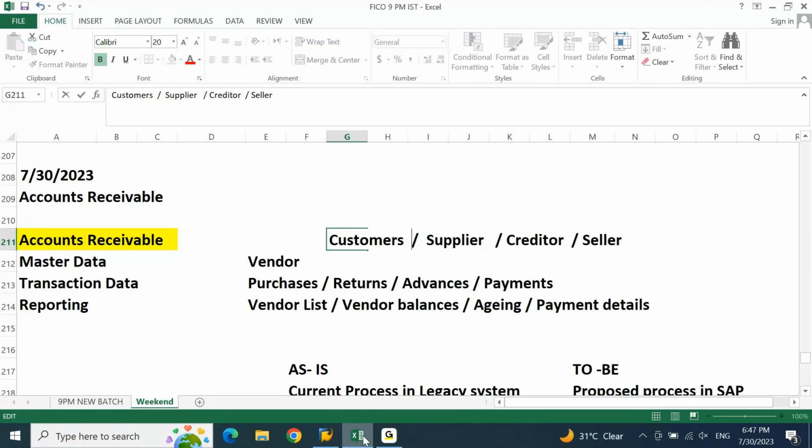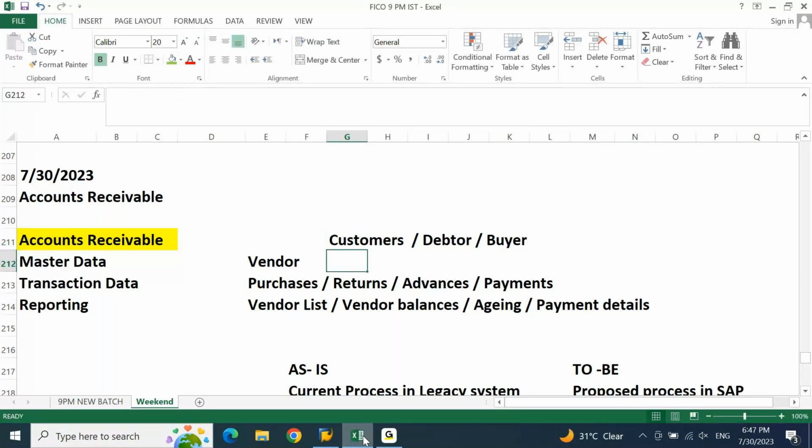Here you will not call it a supplier, so I'll remove supplier. Here I have listed creditor; creditor will be called debtor. Seller is called buyer. In short, I have renamed the content from accounts payable to accounts receivable, and customers or debtor or buyer is what you deal with in your accounts receivable.